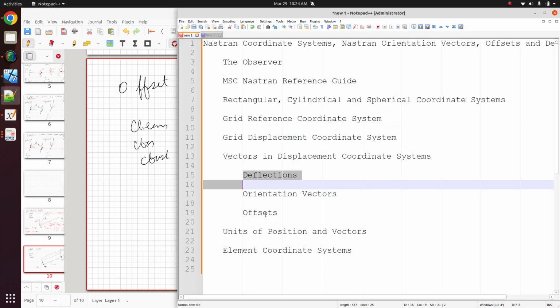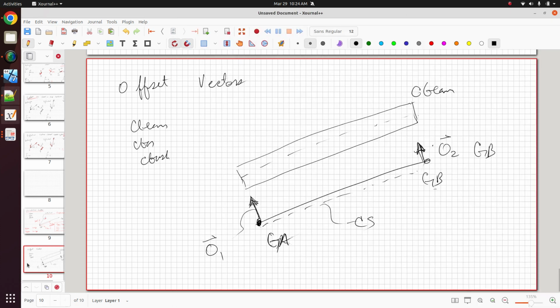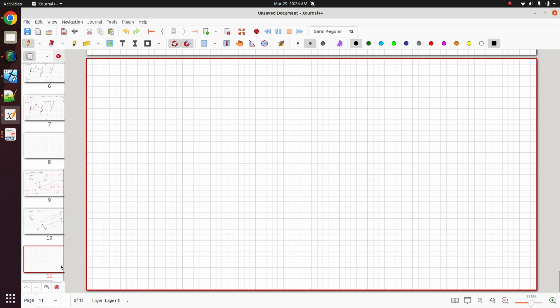Now let's go over the units. So far we've spoken about the so-called reference coordinate system for grids, and we've talked about the displacement coordinate system. Here, we gave this another name. We called it the observer, the construction observer.